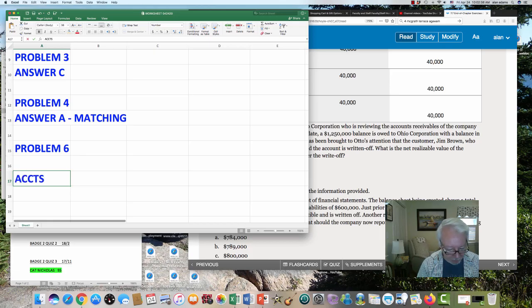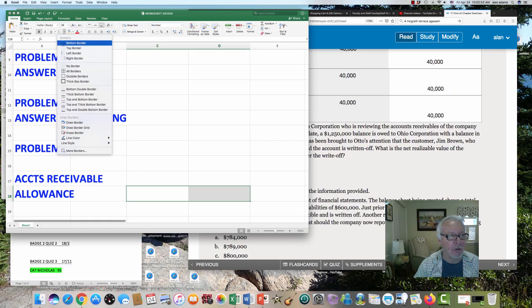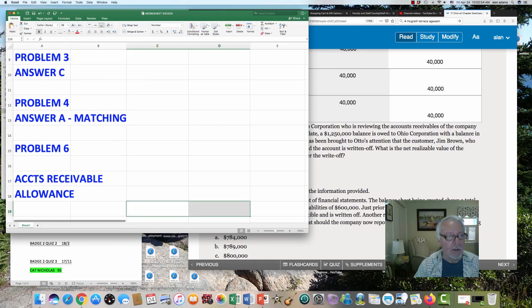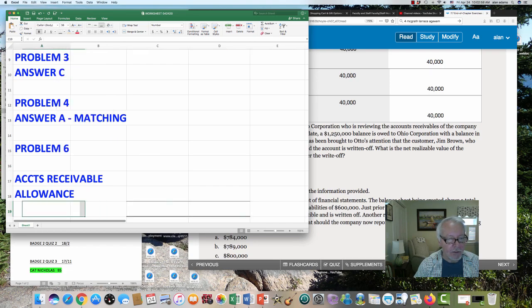All right. Well, let's actually write down a before and after. Accounts receivable, and the allowance, okay? And if I take away one from the other, and being a good accountant, I'm just going to put lines down here. That means, double border, that my net realizable value, and let me just add one more over here too.